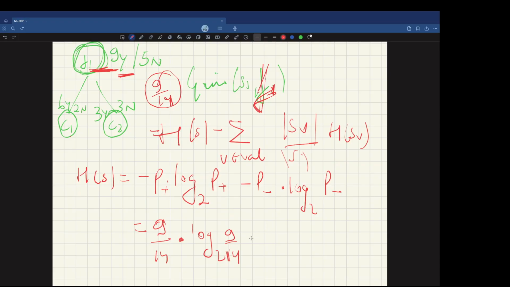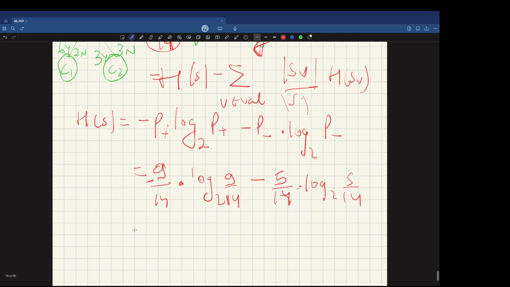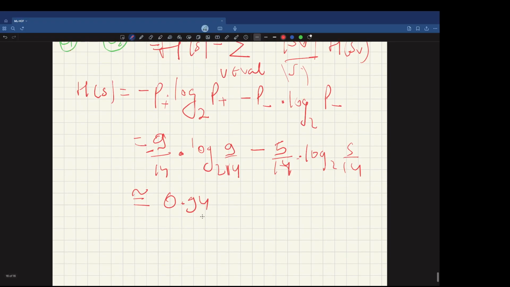Favorable outcome upon total outcome is the probability of a particular outcome, right? Minus, over here one more minus, then 5 upon 14 into log base 2 of 5 upon 14. If you calculate this, it will come roughly 0.94.